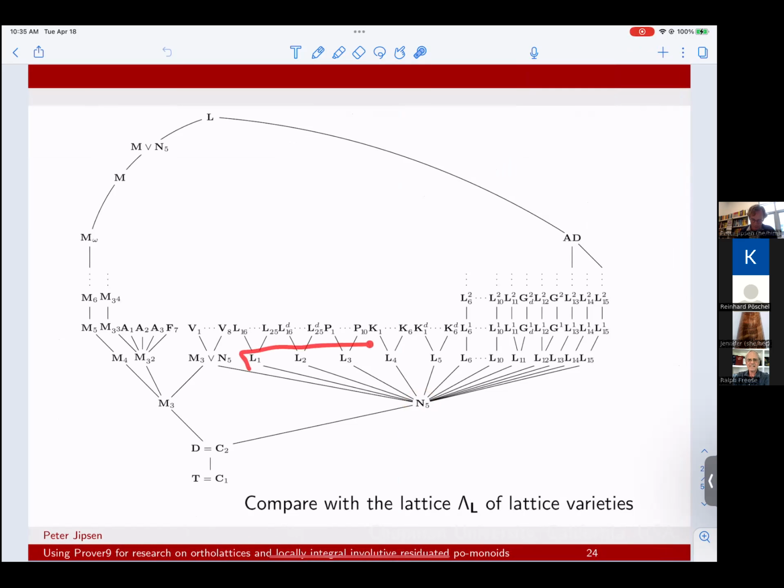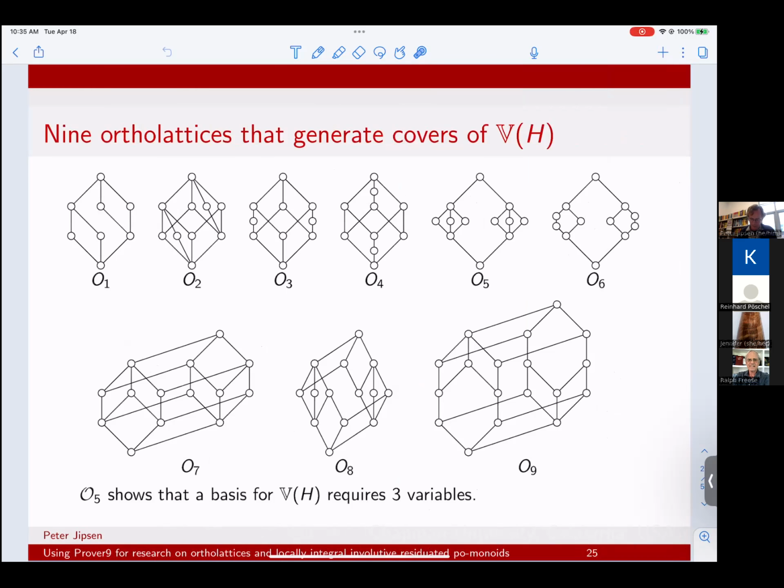Here, Mackenzie had already found these 15 lattices that generate covers in the 1972 paper. Here is a list of corresponding ortholattices. There are only 9 of them, and we don't know yet if this is the full list of covers, but that's the conjecture.